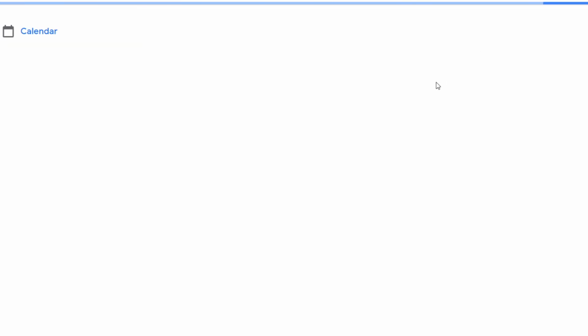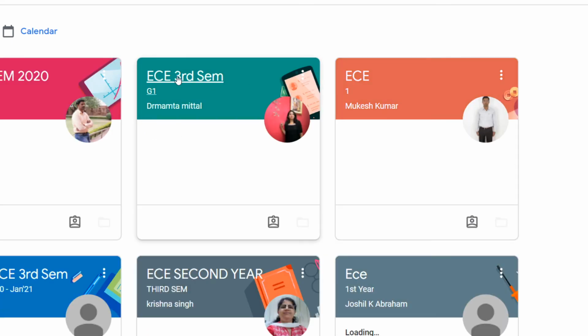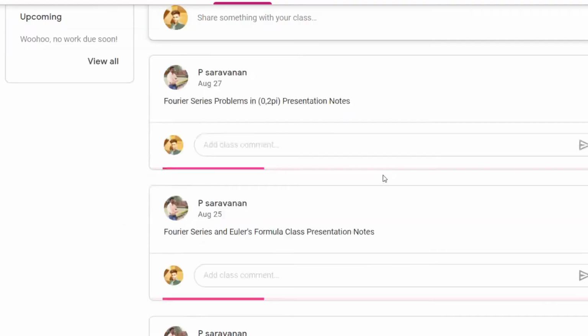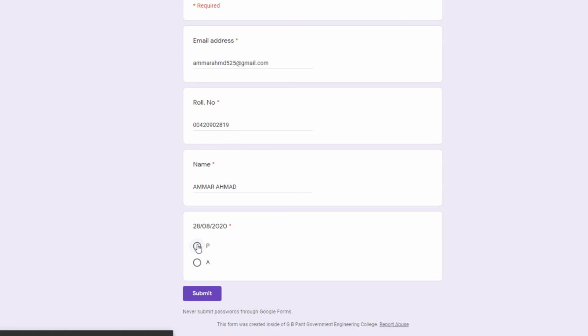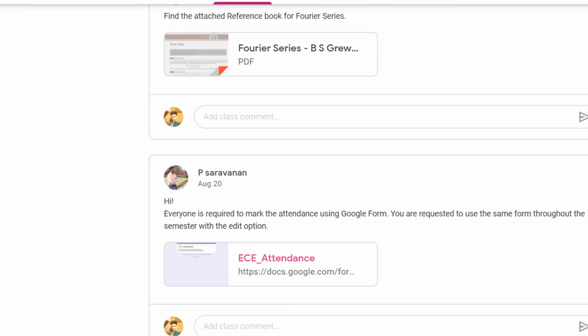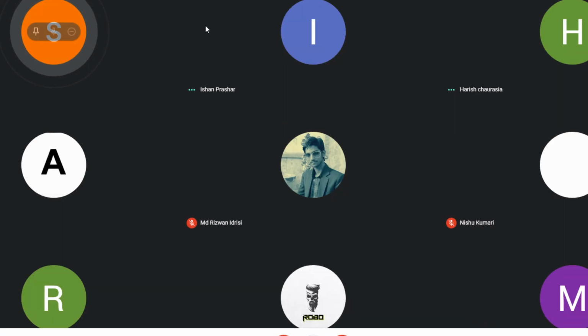With this, all the problems of 0 to 2 pi are over, so I will share this 0 to 2 pi. Afterwards I will post everything in the Google Classroom. Follow the BS Grewal book and VP Mishra. Any doubt, you can ask me. Now fill the attendance and then leave the class. If you have any doubt, you can tell me now.